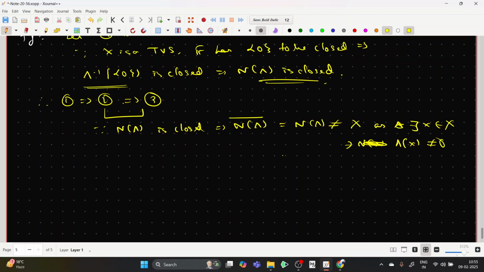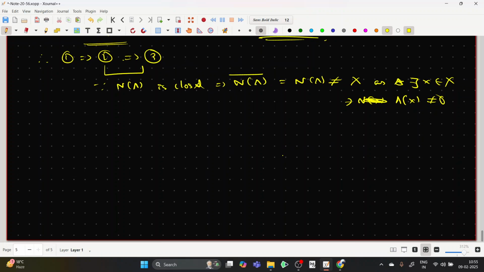So, not every vector in X is mapped to 0, therefore the null space cannot be the whole space X. So, this means that the null space of lambda is not dense. Fine. So, I have proved 1 goes to 2, 2 goes to 3. Now, let us prove that 3 implies 4, and then we will go for 4 implies 1.